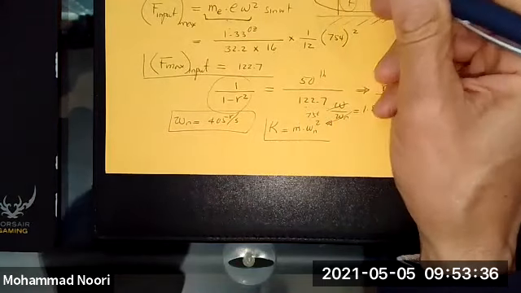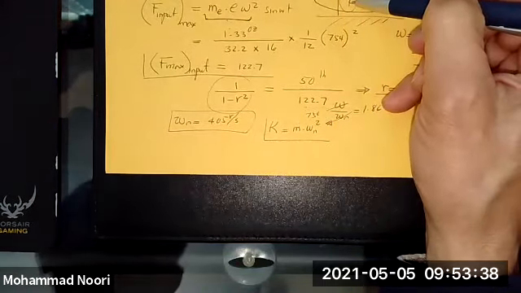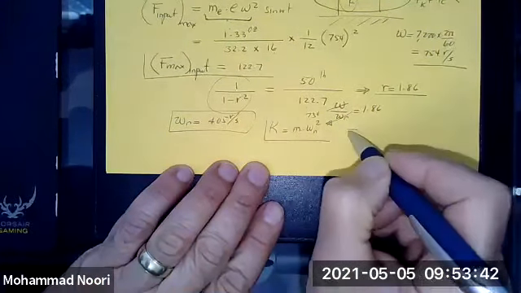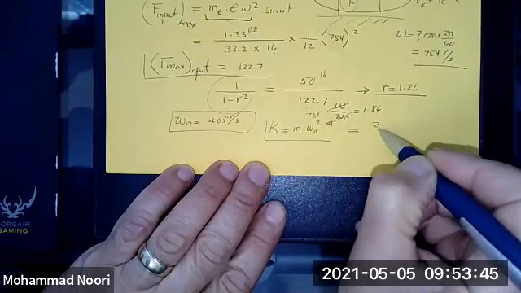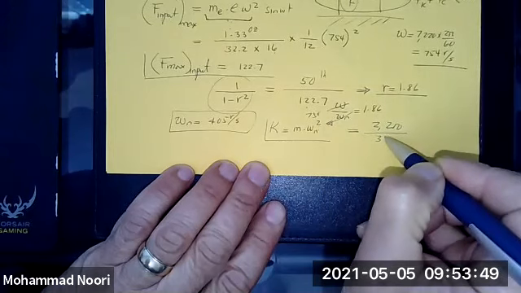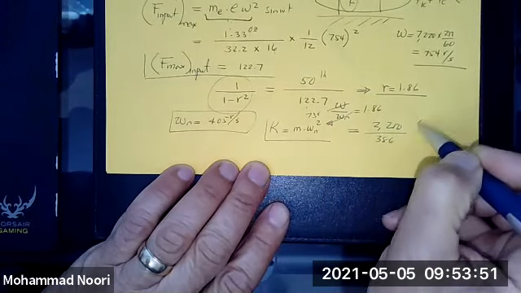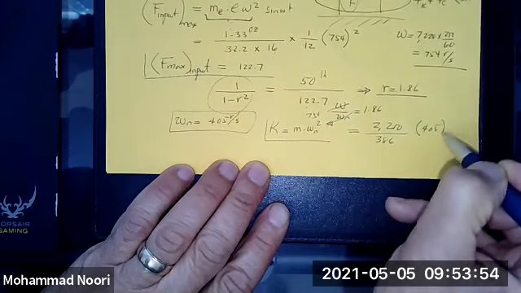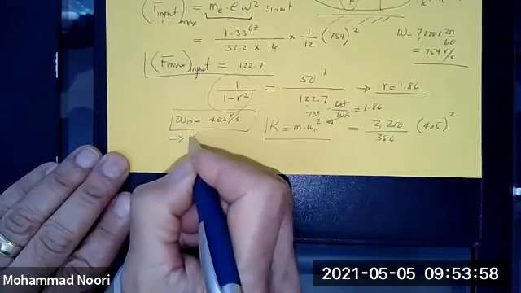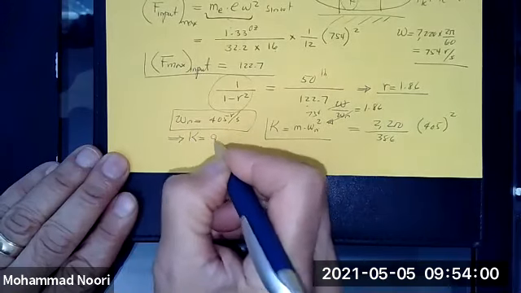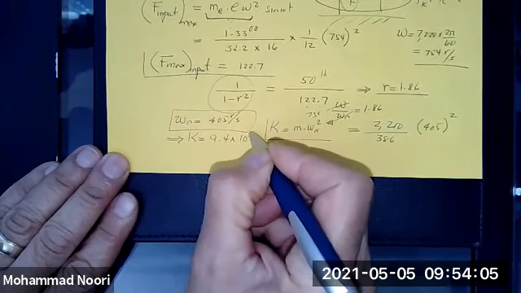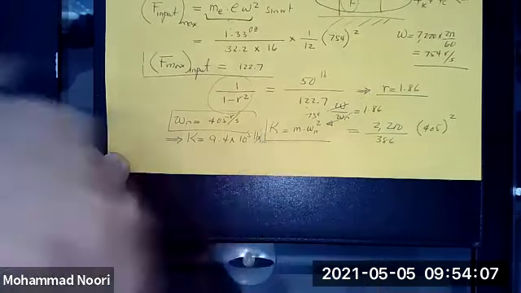Mass is given, so we only have control over K. K is M times omega n squared, so that is 2,200 pound force over 386 times 405 squared. That gives us a K of 9.4 times 10 to the 5 pound per inch.